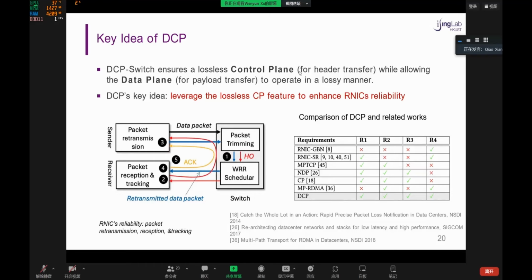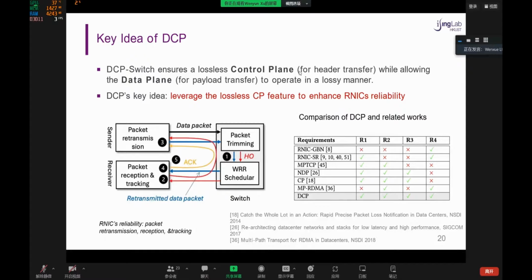I think your question is, what's the difficulty of implementing the DCP, NDP or CP design in hardware? Yeah, something like that. My thinking is, if you plan to re-implement a similar design in hardware, you are actually proposing a new architecture design.